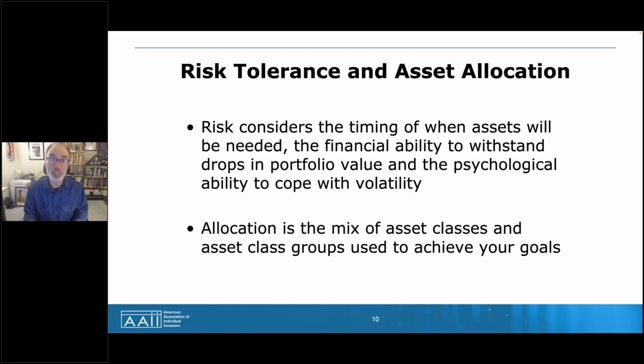The reason why I bring up psychological ability is that mathematically, I can make a really strong argument that if your goal is long-term, you should be taking a very aggressive stance with your portfolio. You should be almost fully allocated to stocks. But if you're someone who gets nervous when there's a bear market, then you need to think about perhaps having a less aggressive allocation, because you may actually get a higher return by taking on less risk.